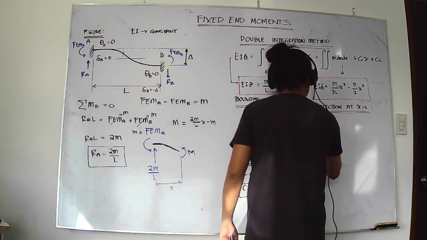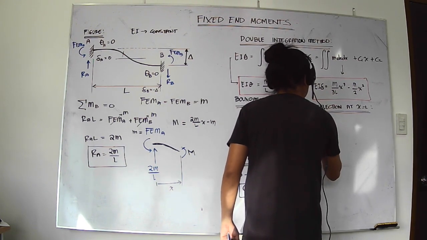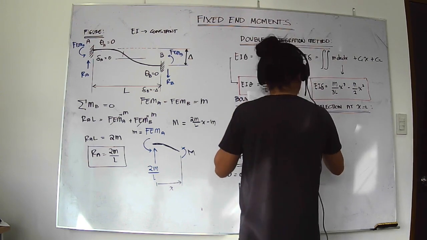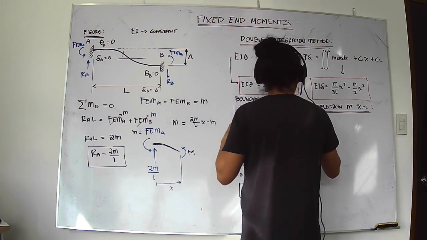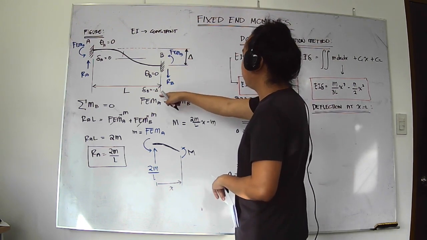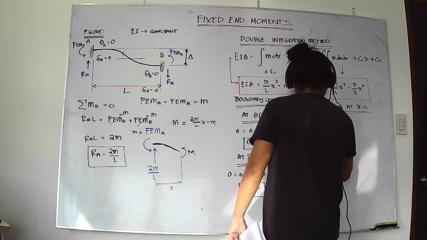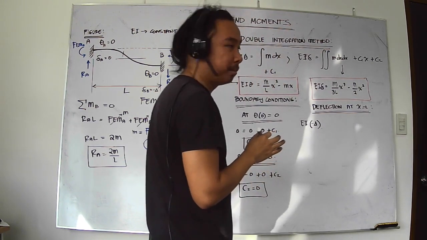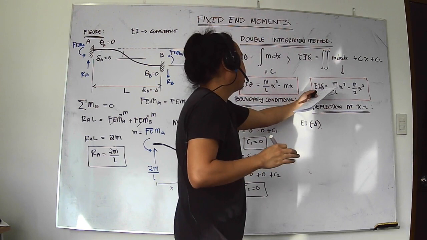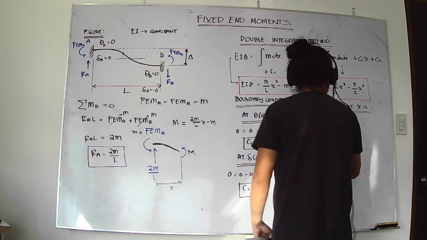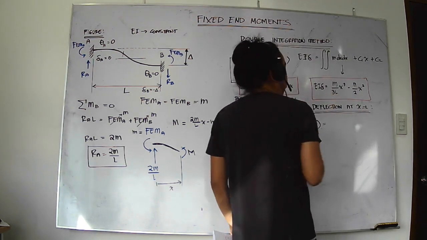So, EI times our deflection. The deflection at B is equal to negative delta. Okay? Delta here is capital. Although it's also delta, this is a different one. I think this is the capital and this is the small letter.